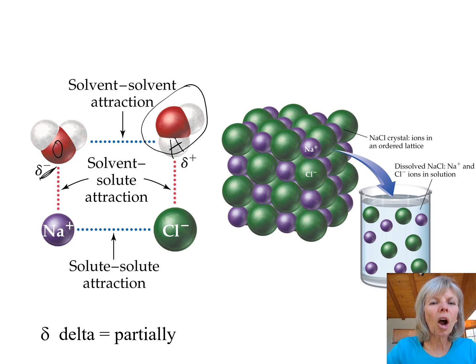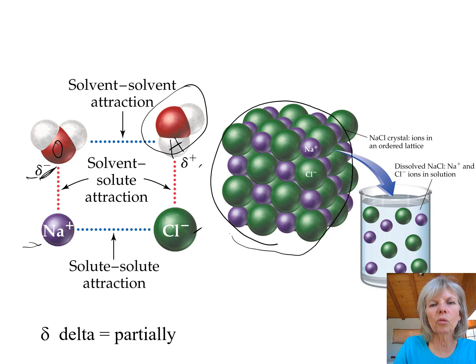It's the slight positive that's attracted to the chloride because opposites attract. And it's the slight negative that's attracted to the sodium positive. What happens is they pull apart my sodium chloride. Here we have a crystal structure. This would represent my solid sodium chloride.